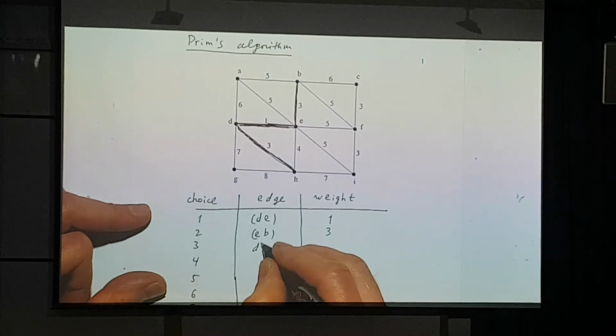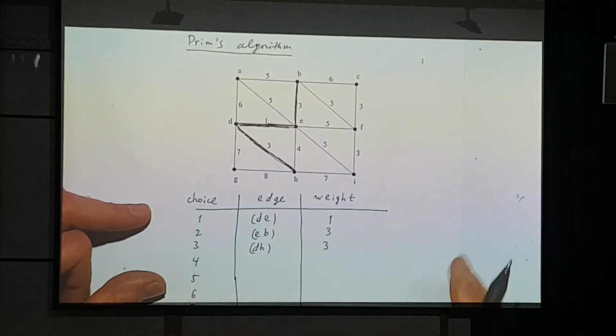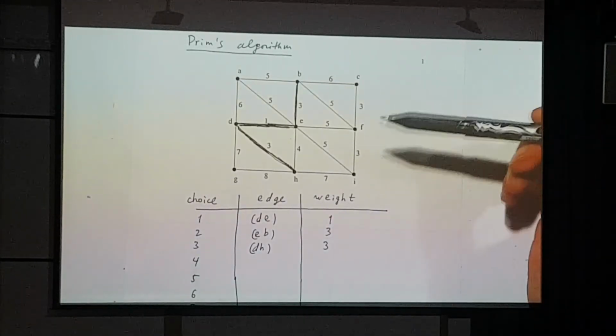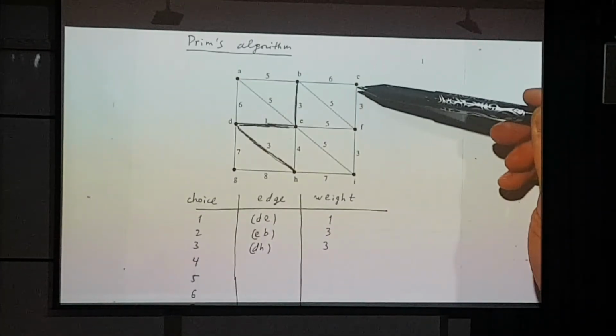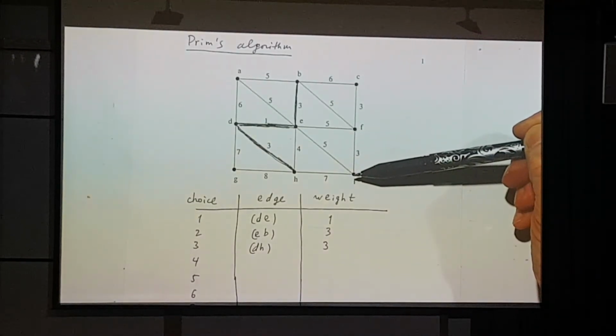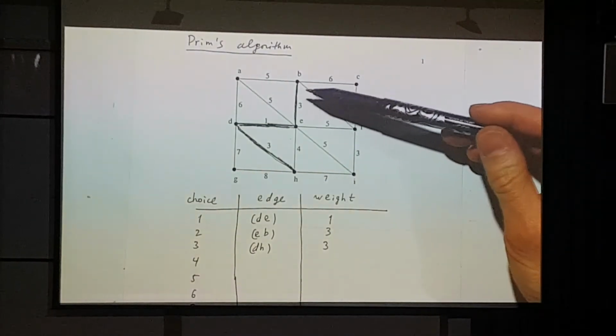So DH is weight 3 as well. So there are 2 more 3's, CF and FI on the graph. But those would not be linked to the tree.